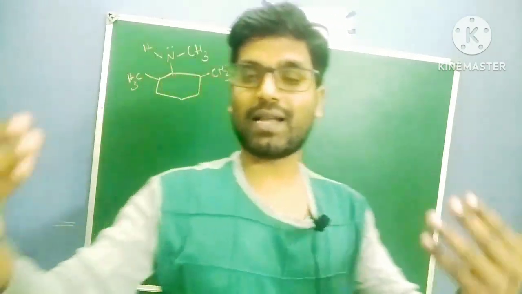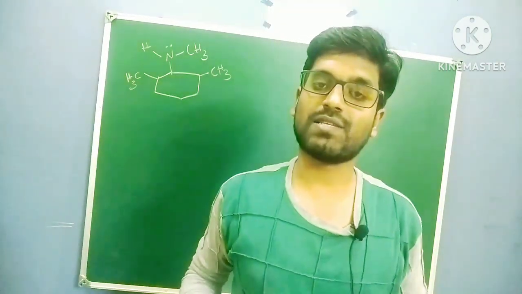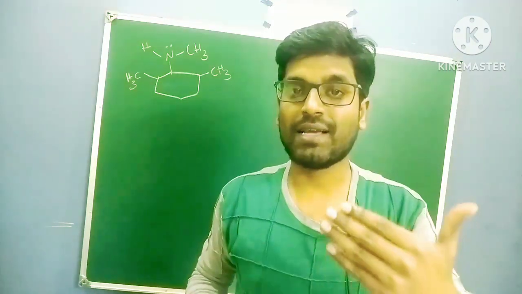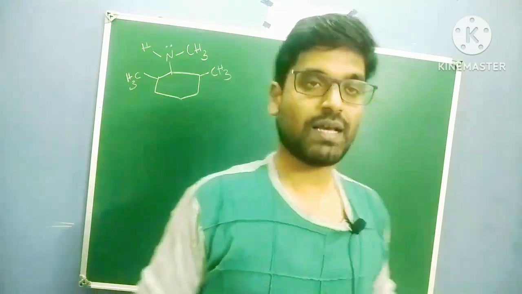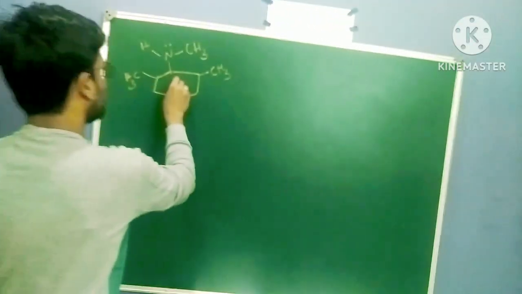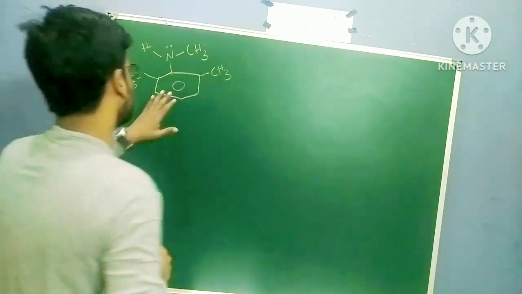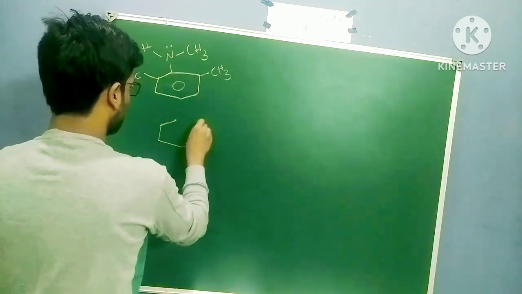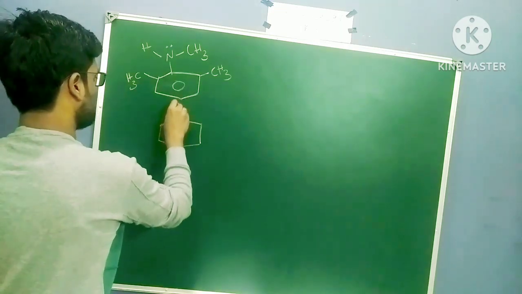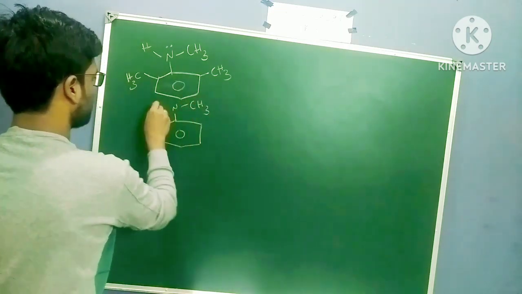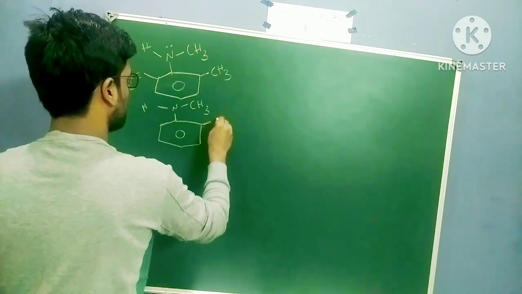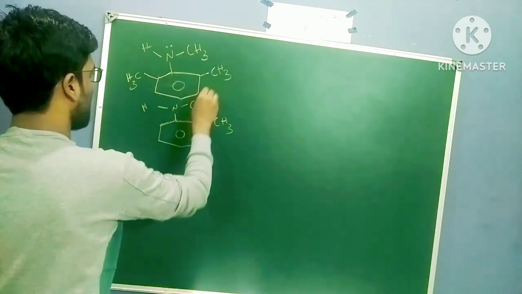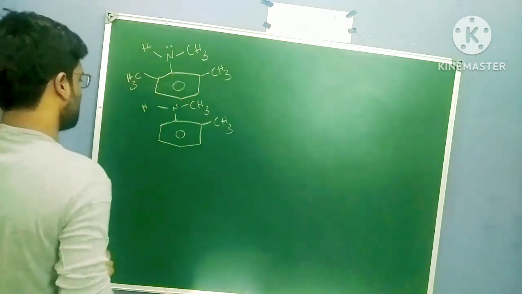If two persons are coming from the opposite direction, hindrance will automatically increase. When hindrance increases, steric inhibition of resonance will increase. So resonance is not at all possible here compared to the first one. Compared to the first one, this one has more steric inhibition of resonance.